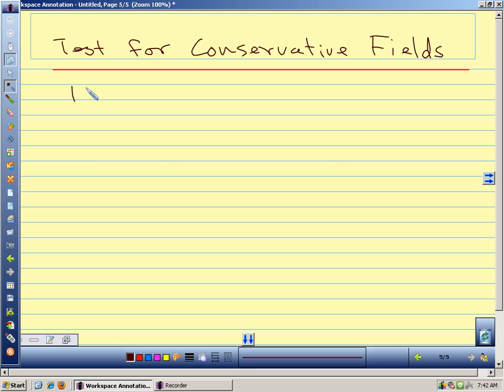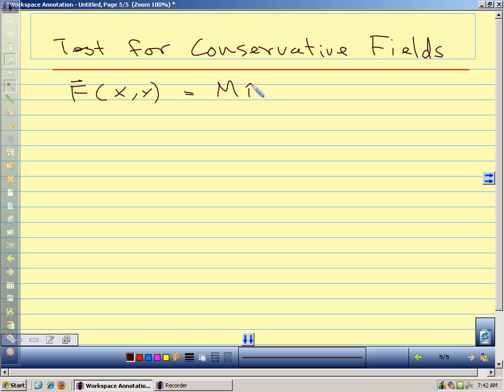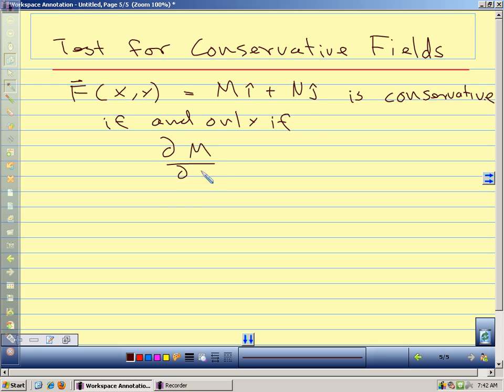If we have a vector field in the plane, F(x, y) = Mi + Nj, it is conservative if and only if the partial of M with respect to y equals the partial of N with respect to x.